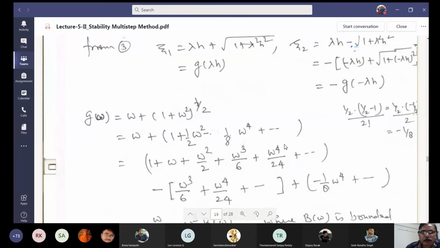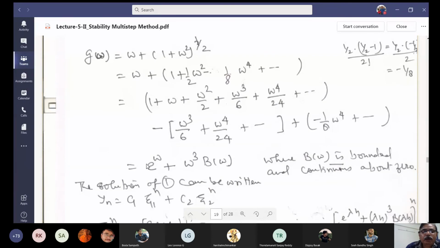The first part is your exponential of w. So we can write exponential of w, and here you see it is coming beyond w cube, w to the power 4, w to the power 5, and so on and so forth. So at least w cube you can take out, w cube and b(w). b(w) is also a bounded function.